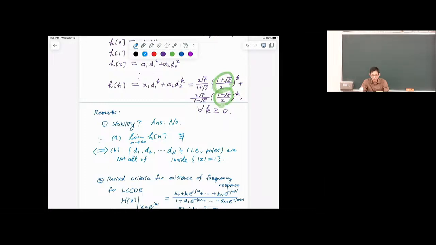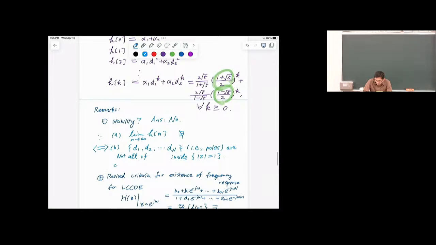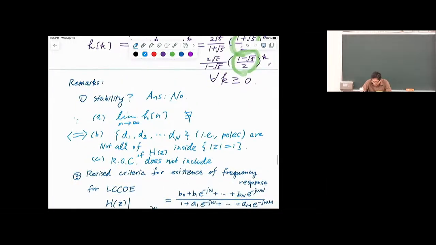Okay? If one is outside the unit circle, then the region of convergence, ROC, of H of Z does not include the unit circle.